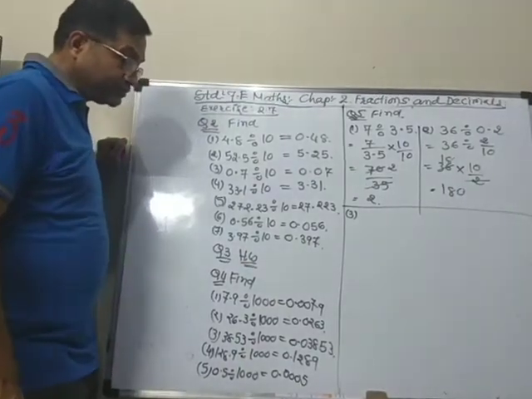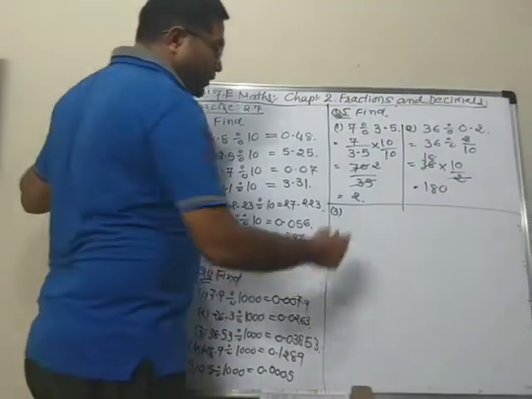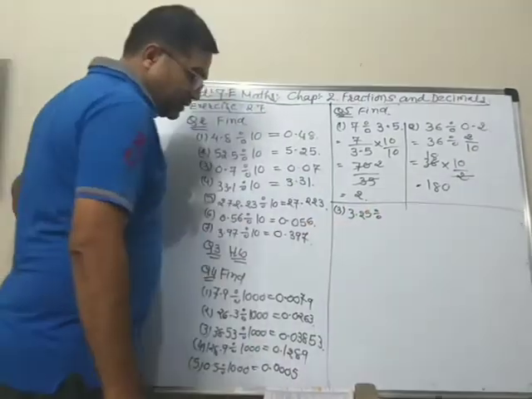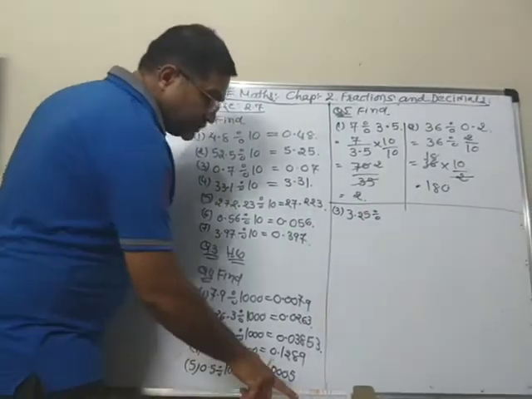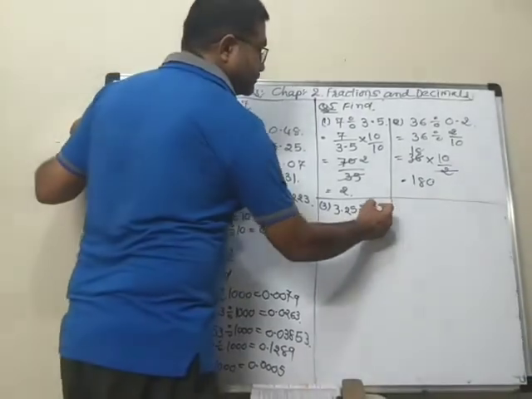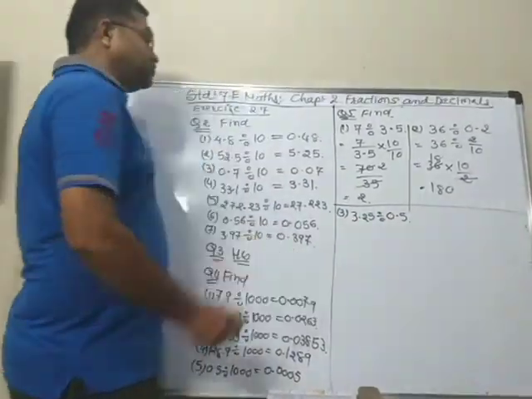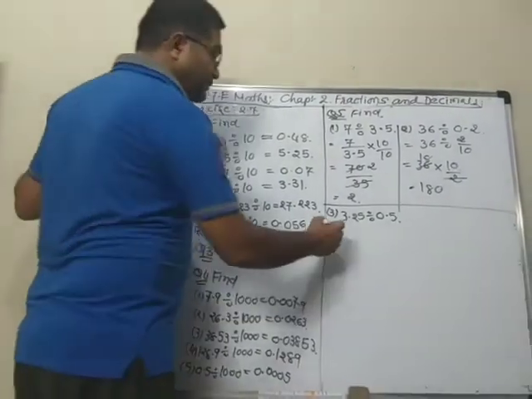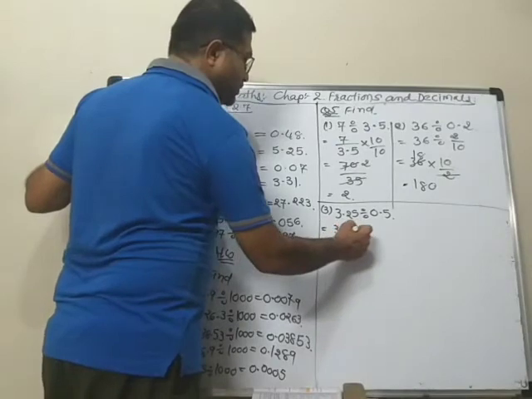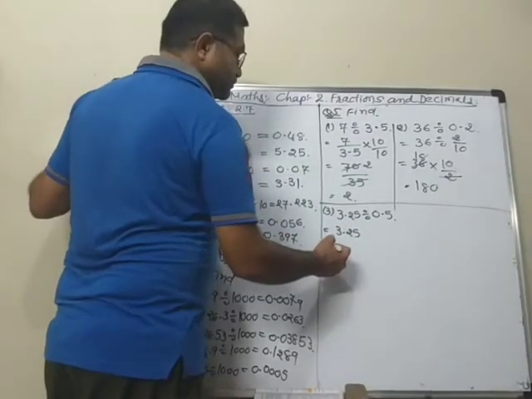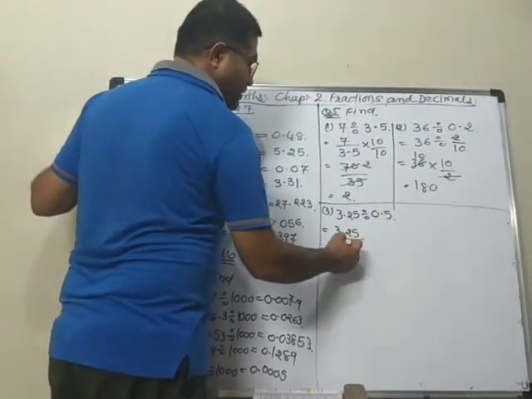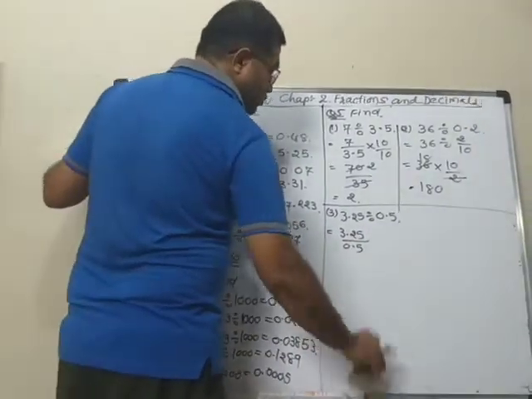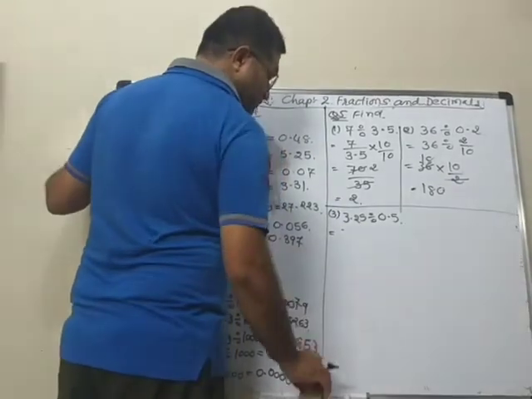Number 3 is 3.25 divided by 0.5. So here we will write it the other way, that will be better.